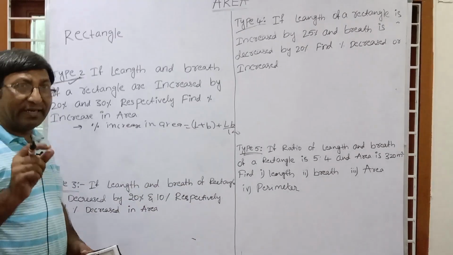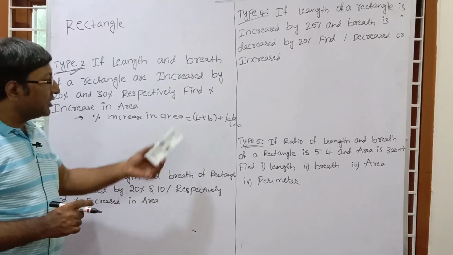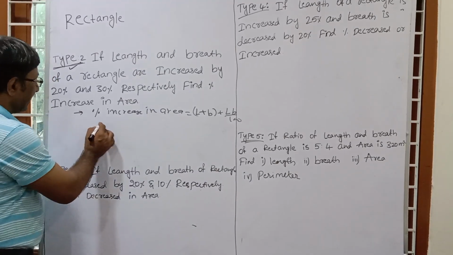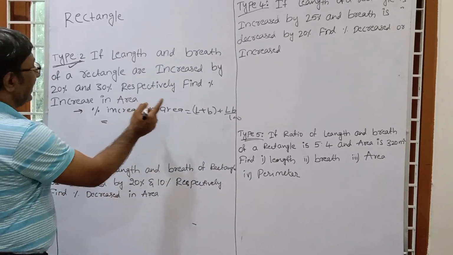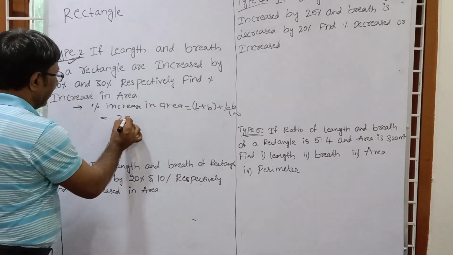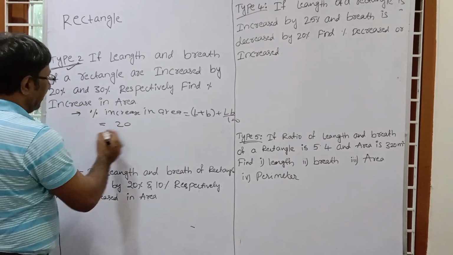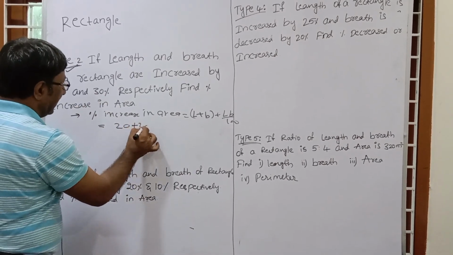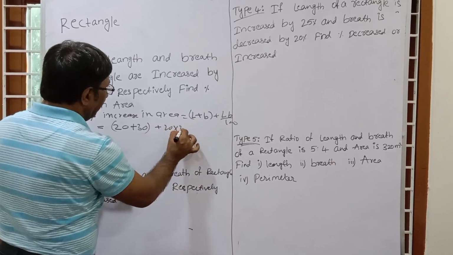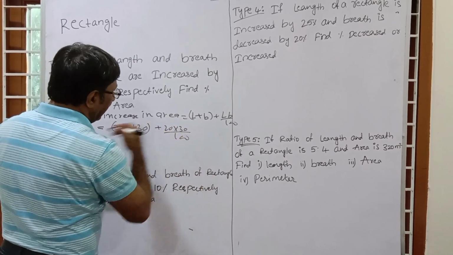L is the percentage increase in length, and B is the percentage increase in breadth. So in this question the percentage increase in length is given as 20%, so L is 20, and breadth is given as 30%. So this is 20 plus 30 plus 20 multiplied by 30 upon 100.